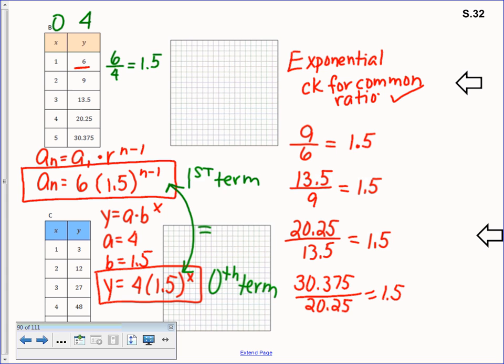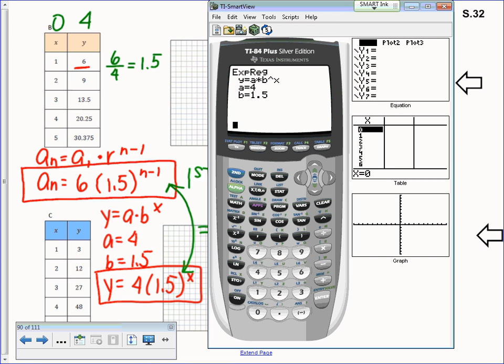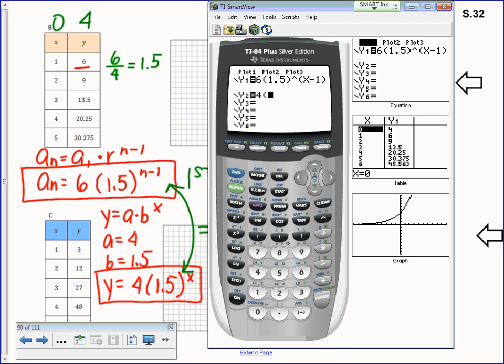Let's use our calculator to check that, because again, I want to make sure I get that table of values. Go under y equals, and let's type in our first one. 6, parentheses, 1.5 to the, now you have to put this in parentheses, x minus 1, because the minus 1 is the entire exponent. And let's now type in the other one. 4 parentheses 1.5 to the x.